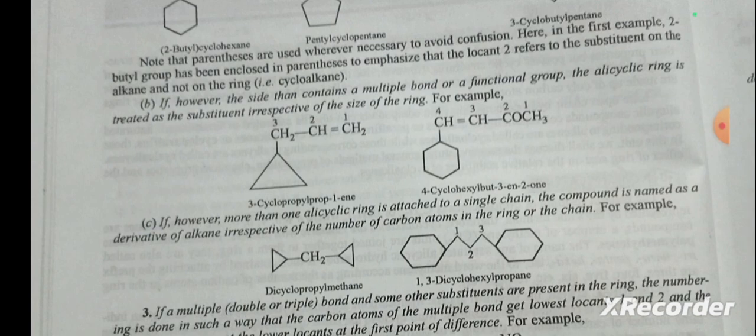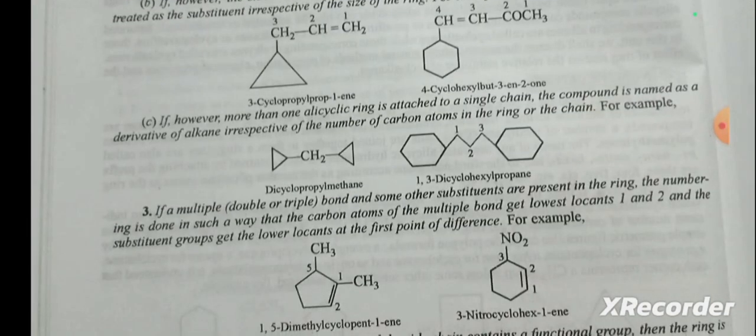B. If, however, the side chain contains a multiple bond or a functional group, the alicyclic ring is treated as a substituent irrespective of the size of the ring. For example, 2-cyclopropyl-1-ene, 4-cyclohexylbut-3-yn-2-one.